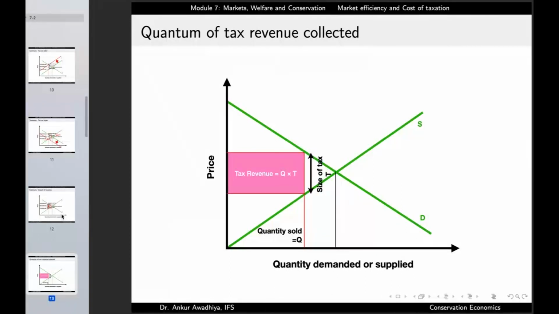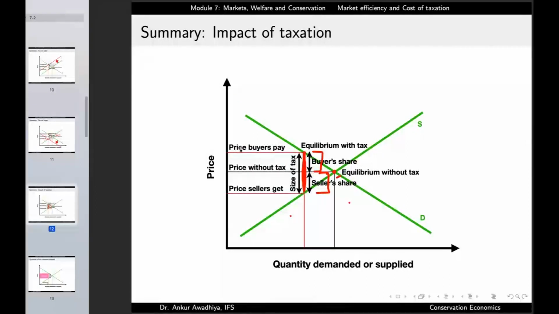Earlier the equilibrium quantity was this, but with the tax, the new equilibrium quantity is this. So the number of units of pen that are sold after the tax is multiplied by the size of the tax.